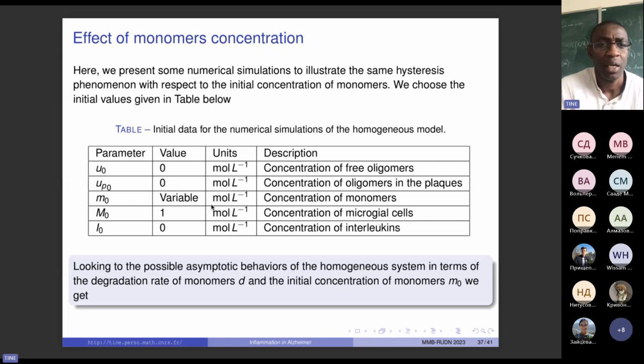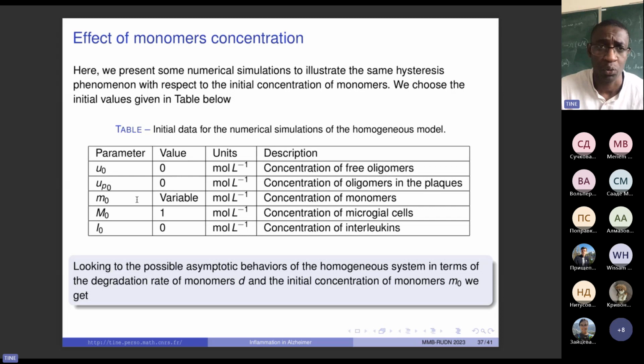Why not? That means here we take all initial concentrations as known and we make variable the initial concentration of monomer. So we are looking at the dependency of the dynamics on the initial concentration of monomers.